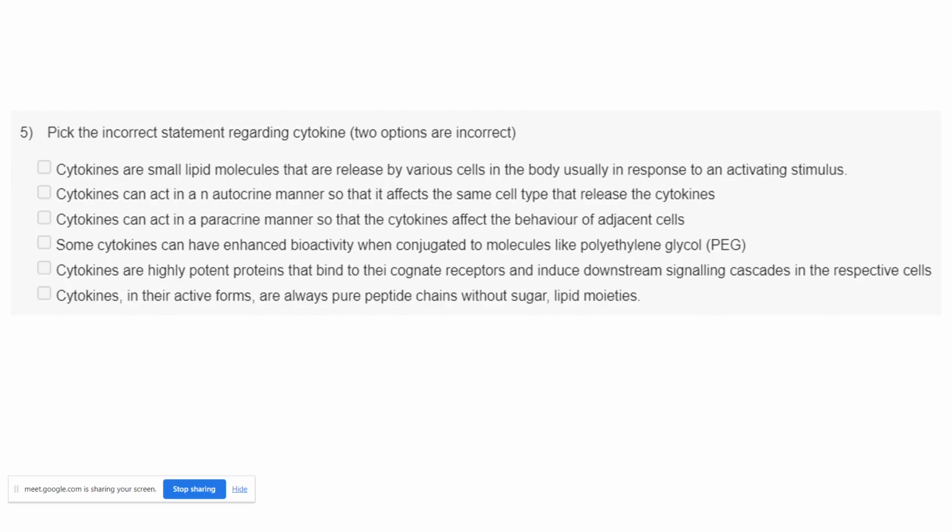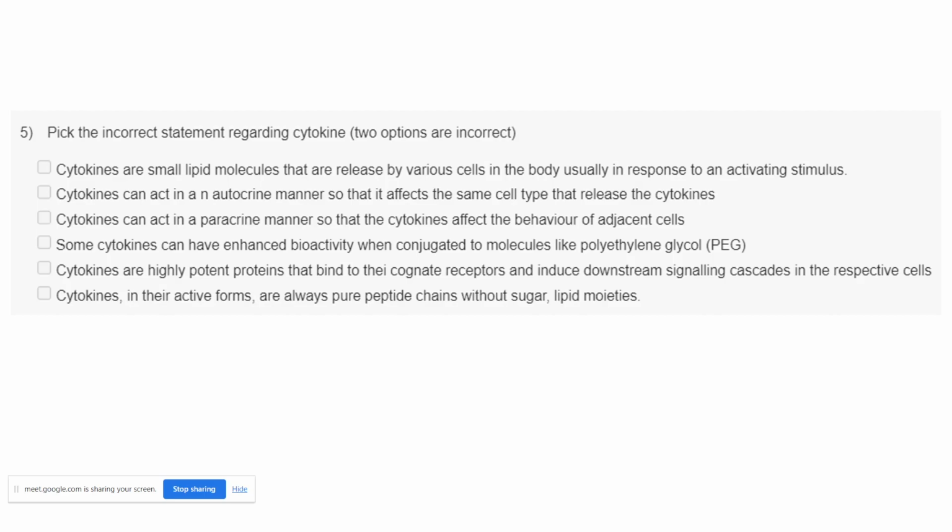Cytokines are small lipid molecules that are released by various cells in the body, usually in response to an activating stimulus. Cytokines can act in an autocrine manner so that it affects the same cell type that released the cytokines. Cytokines can act in a paracrine manner so that the cytokines affect the behavior of adjacent cells.